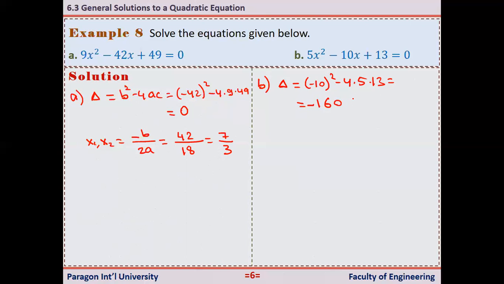Since this is less than 0, you can stop here. This equation has no real roots.